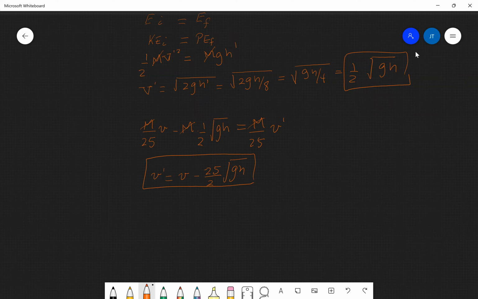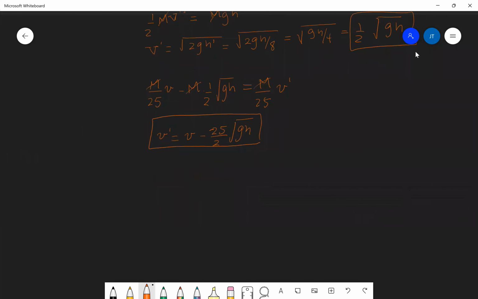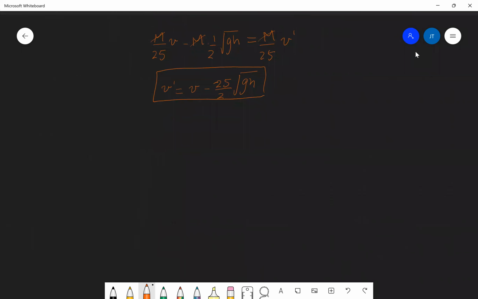All right. Now that we know what v prime is, what's happening to the bullet? Here's the bullet. It exits the block at velocity v prime and drops a height of h. So what's the speed over here? Again, this is its initial position. This is its final position.